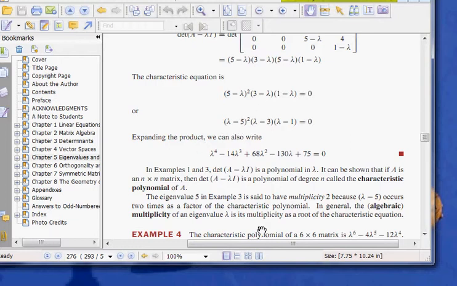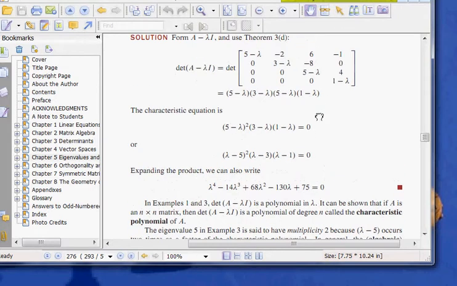And this sentence right here is actually important. It can be shown that if A is an n by n matrix, then the determinant A minus lambda I is a polynomial of degree n, called the characteristic polynomial of A, okay?